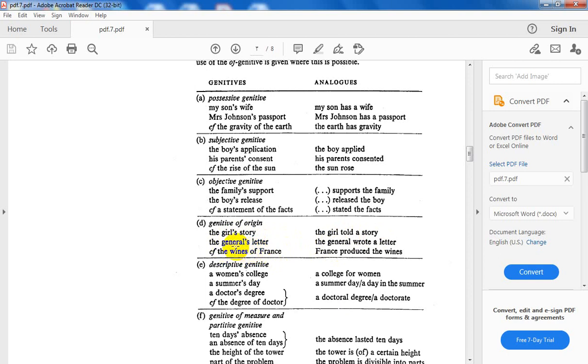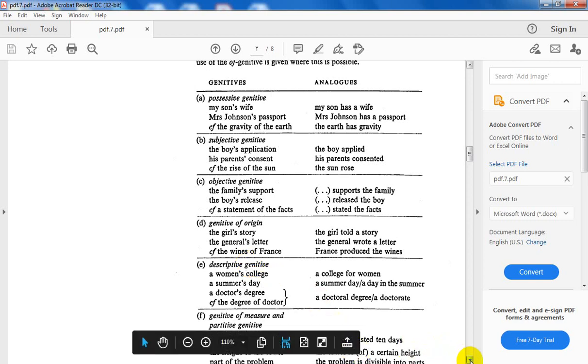Of course, general here means an army general. The general's letter takes the S genitive because it is human: the general wrote a letter. The wines of France: both wines and France are inanimate, so I use of, not S.